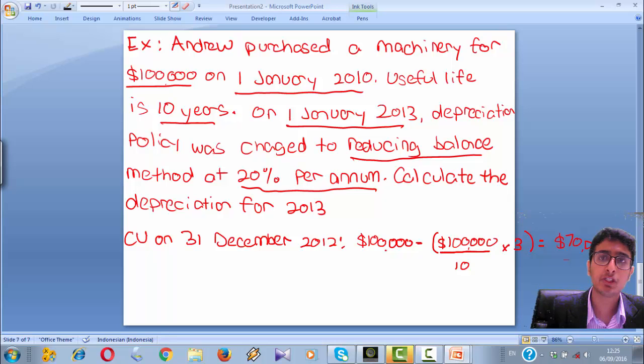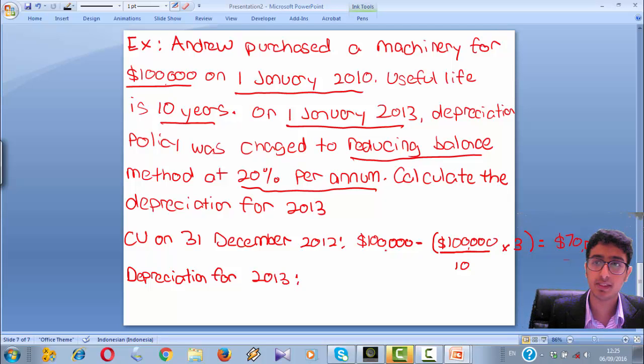Now, on 1st January 2013, depreciation policy was changed to reducing balance method. This means, how do I calculate depreciation for 2013? Now, I will always calculate depreciation on the carrying value.